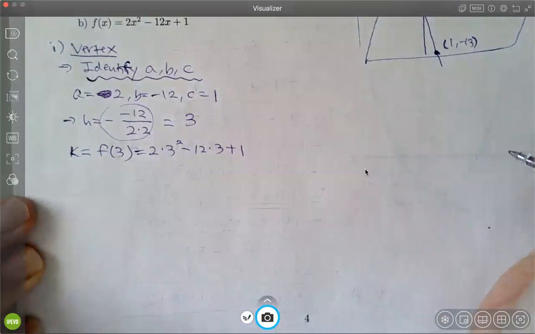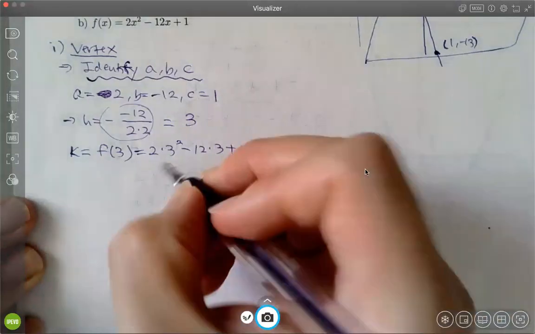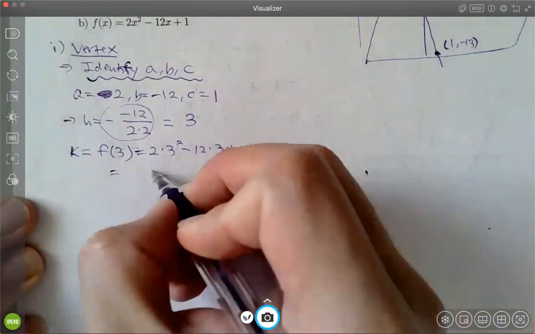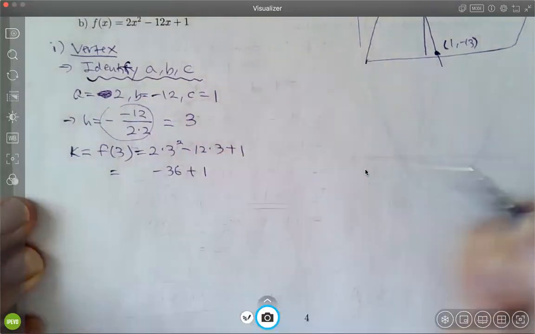Okay, and what is this? So the second one is 36, and then plus 1 stays the same.